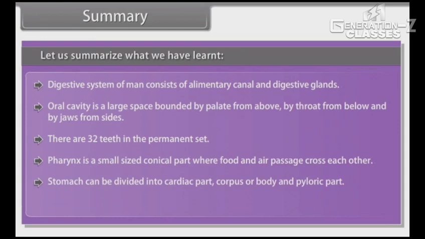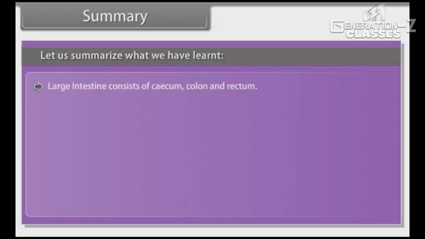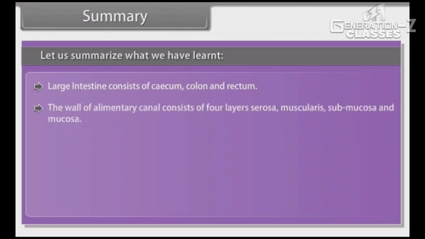Stomach can be divided into the cardiac part, corpus or body, and pyloric part. Small intestine consists of duodenum, jejunum, and ileum. Large intestine consists of caecum, colon, and rectum. The wall of the alimentary canal consists of four layers: serosa, muscularis, submucosa, and mucosa.